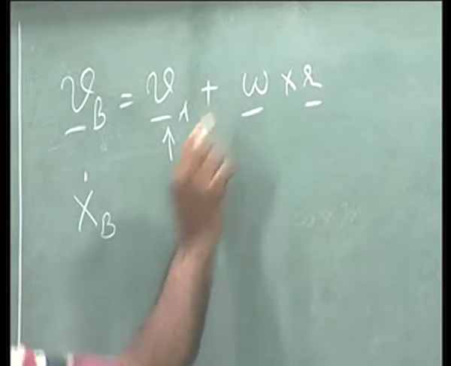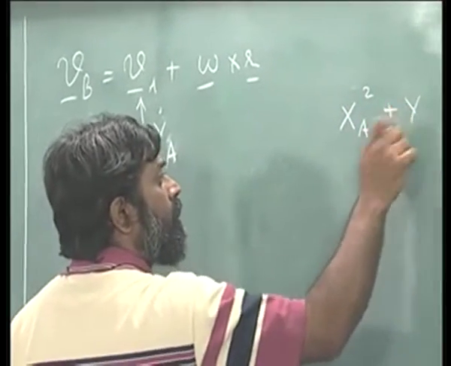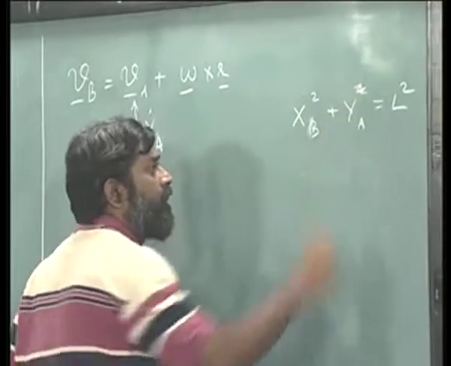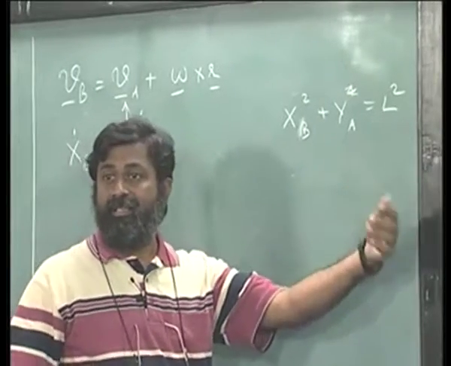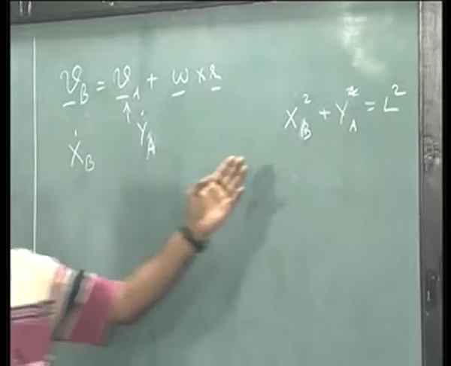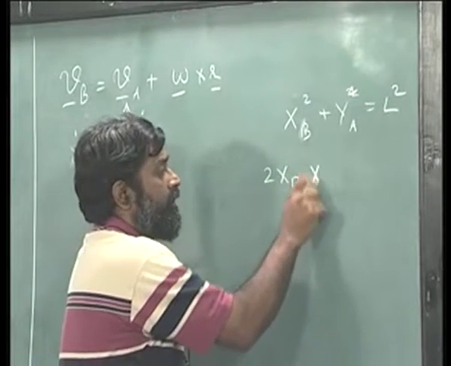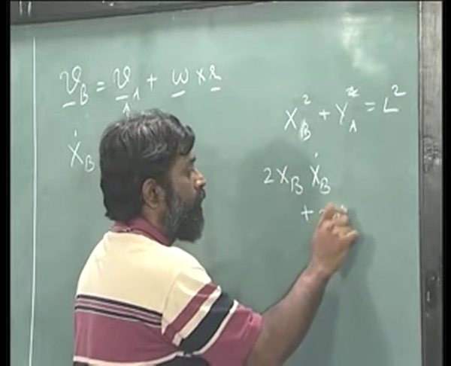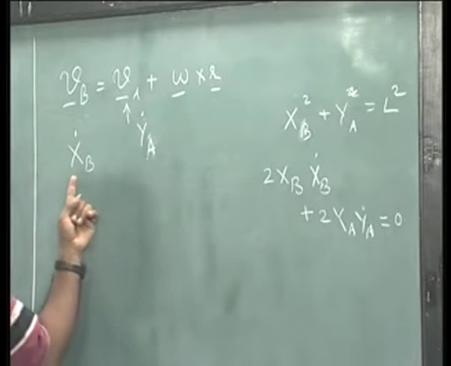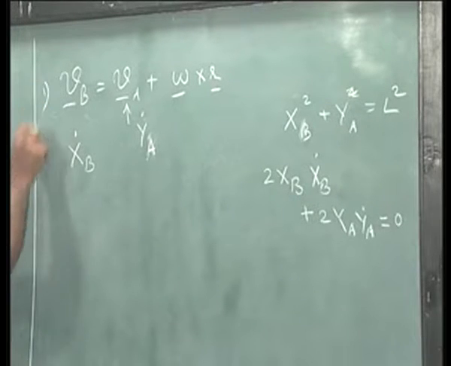I also have xb squared plus ya squared equal to L squared, and remember this length is maintained constant, it is a rigid body, and therefore there is a relationship between xb and ya which can be exploited directly in order to take the derivatives. So you have 2 xb xb dot plus 2 ya ya dot equal to 0, and you can use this in order to directly get what this particular thing will be. So, that is the other method.